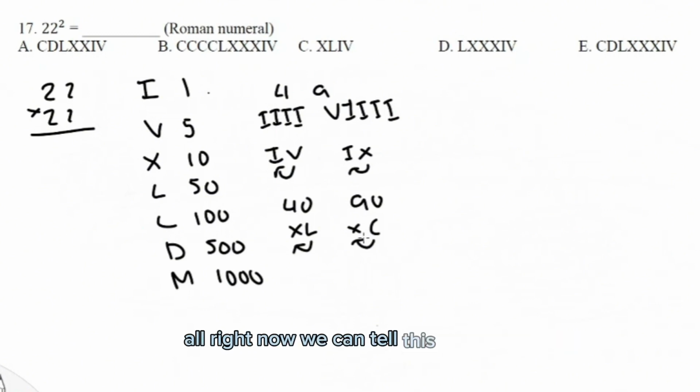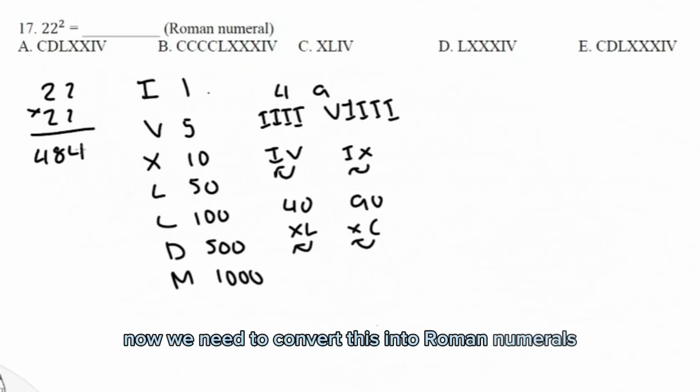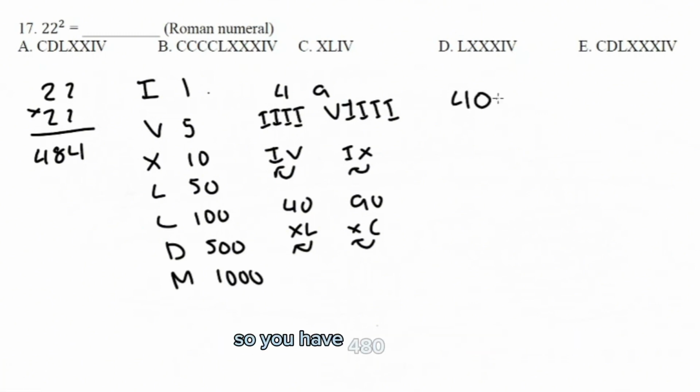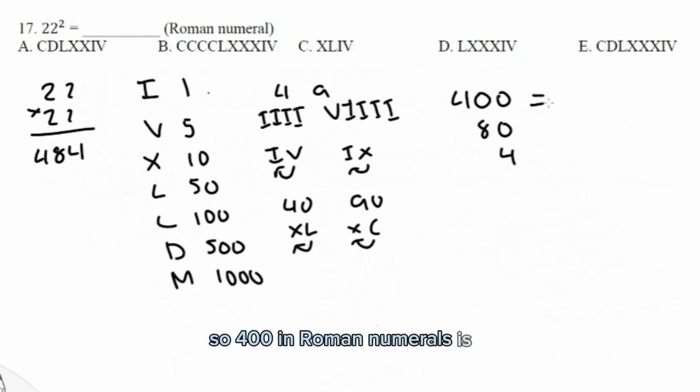Alright, now we can solve this problem. So let's go back to this equation over here, 22 times 22. 22 times 22 is 484. Now we need to convert this into Roman numerals. The easiest way to do that is to break it up into its place values. So you have 400, 80, and 4. 400 in Roman numerals is CD because it's 100 before 500 and it goes under the 4 and 9 rule.